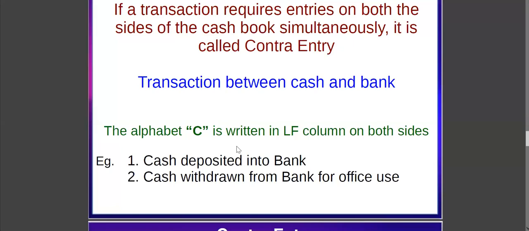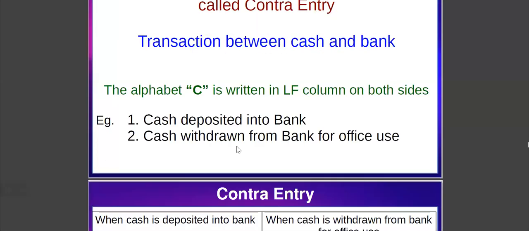One entry will affect both sides. For example, cash deposited into bank, and cash withdrawn from bank for office use. I already told you how cash deposited into bank will affect our accounts.